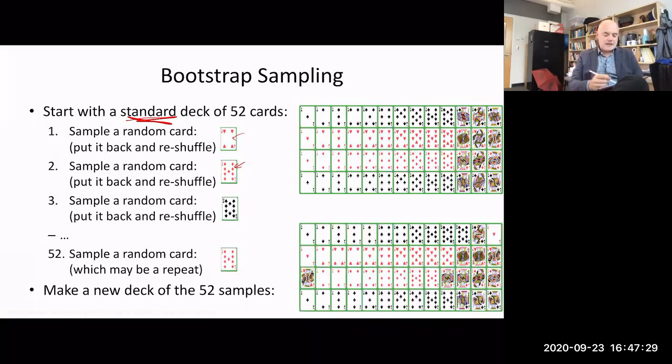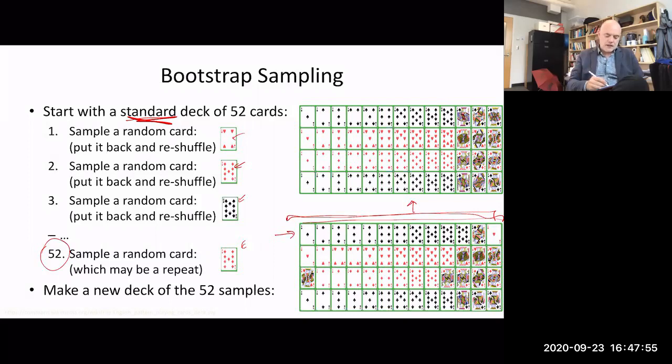At the end, you will have drawn 52 cards, and you're going to remember their suits, values, and so on. And that is going to result in a data set with 52 elements, which looks a lot like the data set above, but will have some cards repeated, some cards missed, and so forth. Okay.